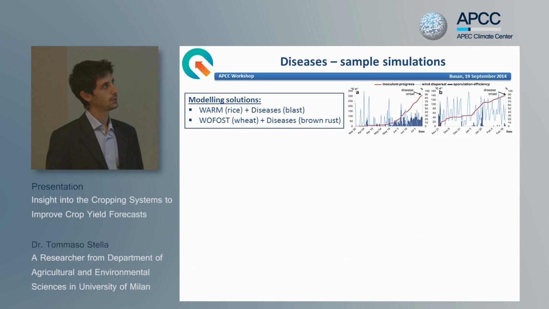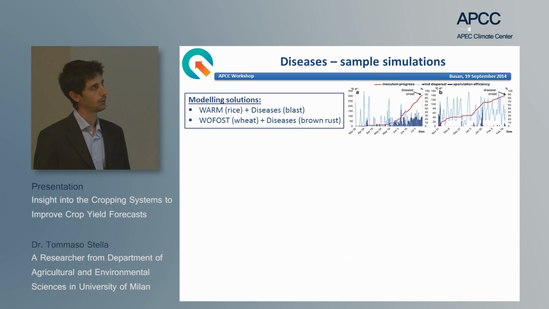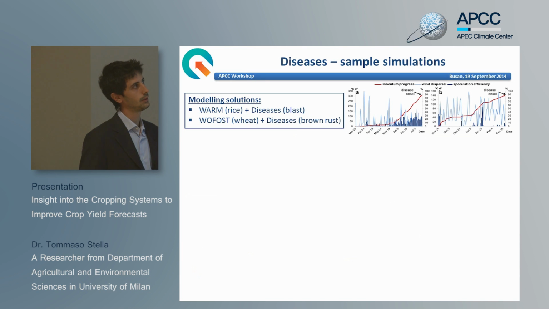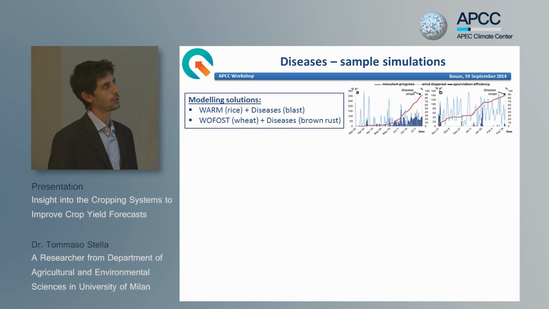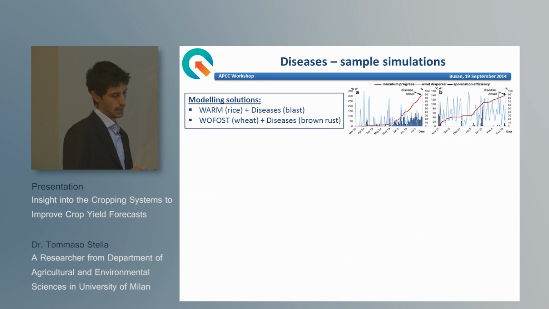Here we have the outputs of the first modeling solution on this column, and the second one on this one. And here we have the results of the outputs of the component inoculum pressure, which calculates the disease onset as a function of initial conditions and meteorological variables.